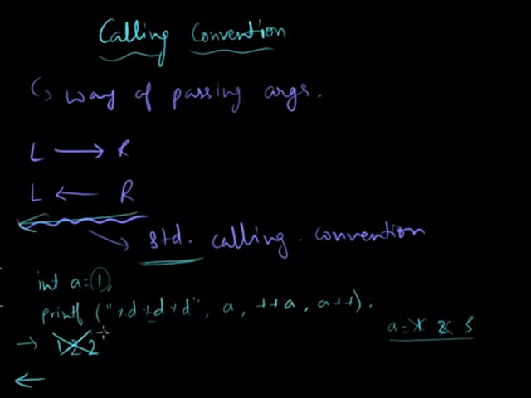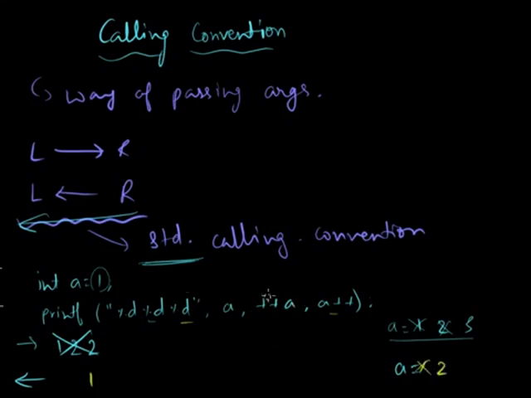So let's go by right to left. Currently the value of a is 1. For the post increment, first use, then increment. So first use, that is 1, and then increment, so a becomes 2.